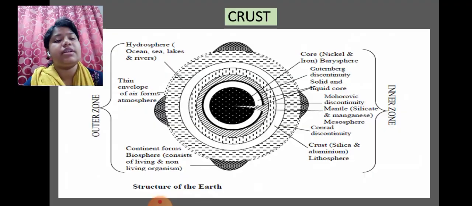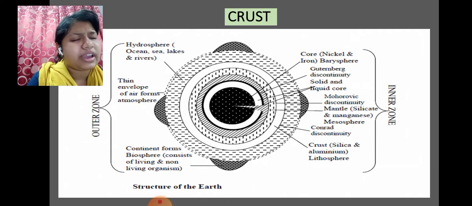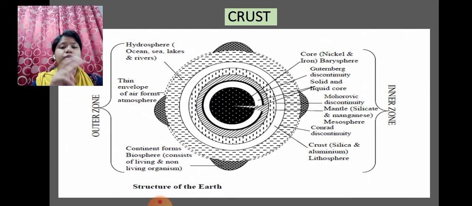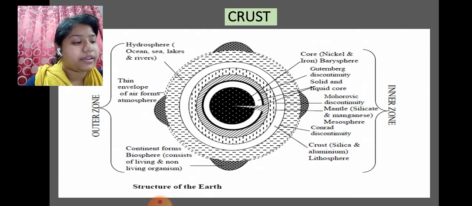First we'll study the crust. The crust has two different layers. The top layer is called Felsic and the lower layer is called Mafic.